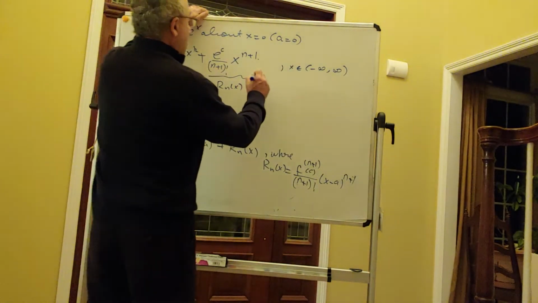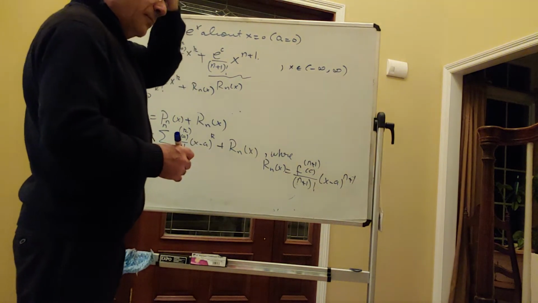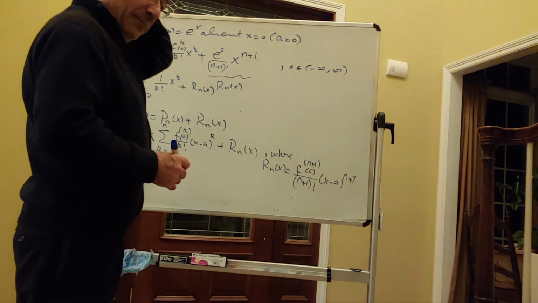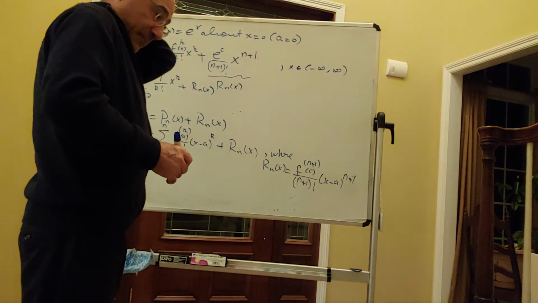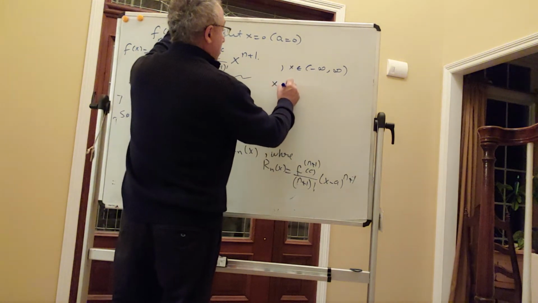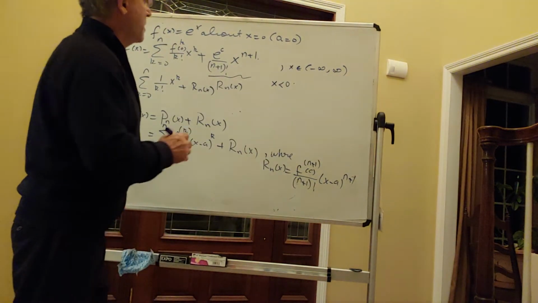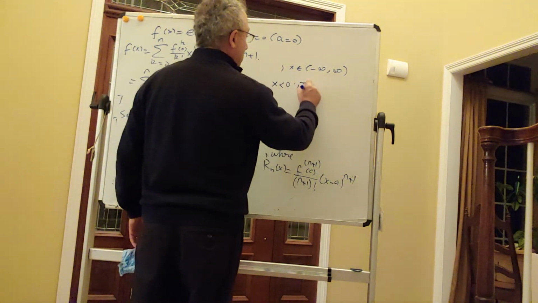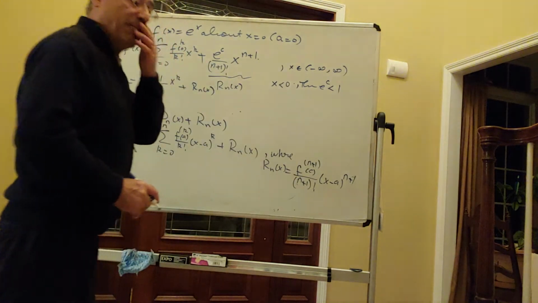So let's take a look. If x is negative, if x is less than 0, then c is going to be less than 0, then e to the c is less than 1.